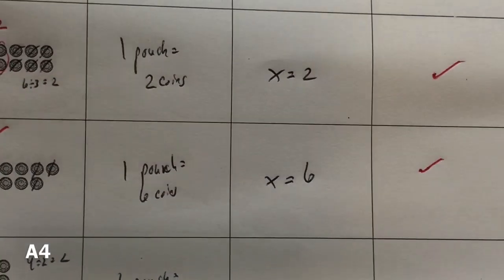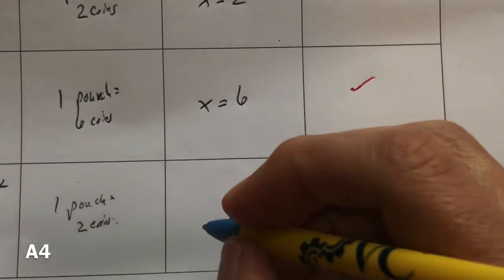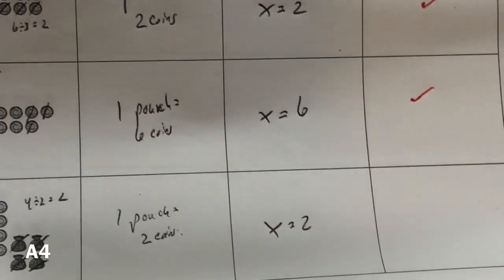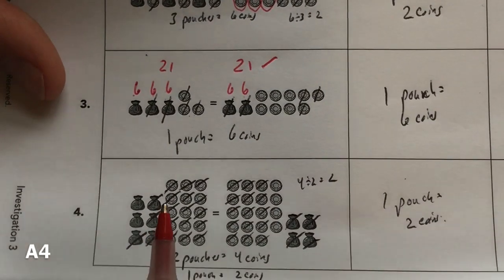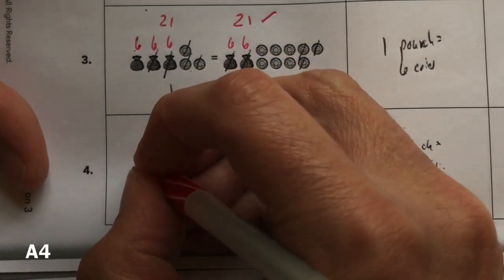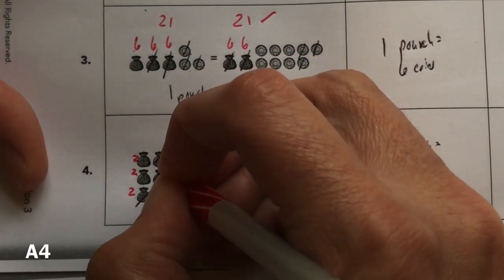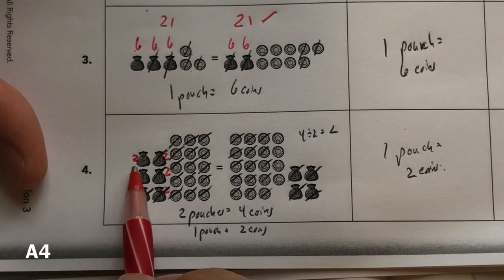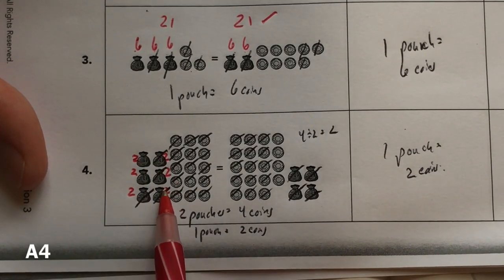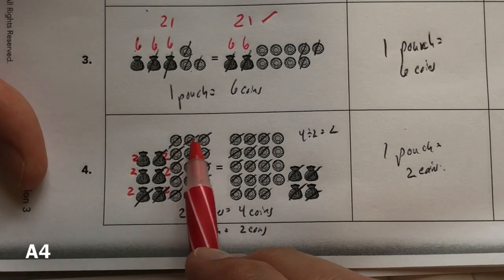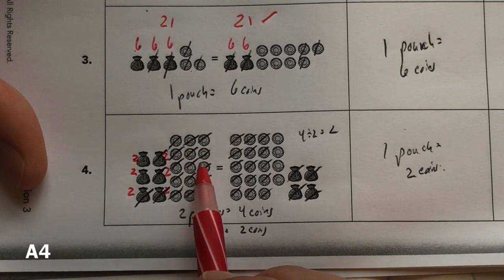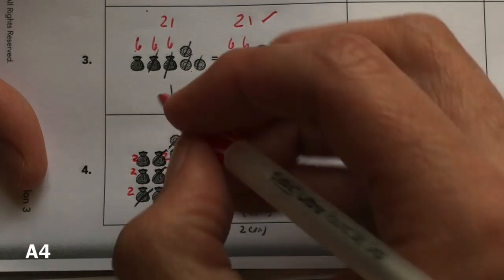All right, so let's check that. So we said x equals 2. All right, so here we go. So I'm going to have 2 in all these here. So there's going to be a 2, 2, 2, 2, 2, and 2. So 2, 4, 6, 8, 10, 12, 13, 14, 15, 16, 17, 18, 19, 20, 21, 22, 23, 24, 25, 26, 27.